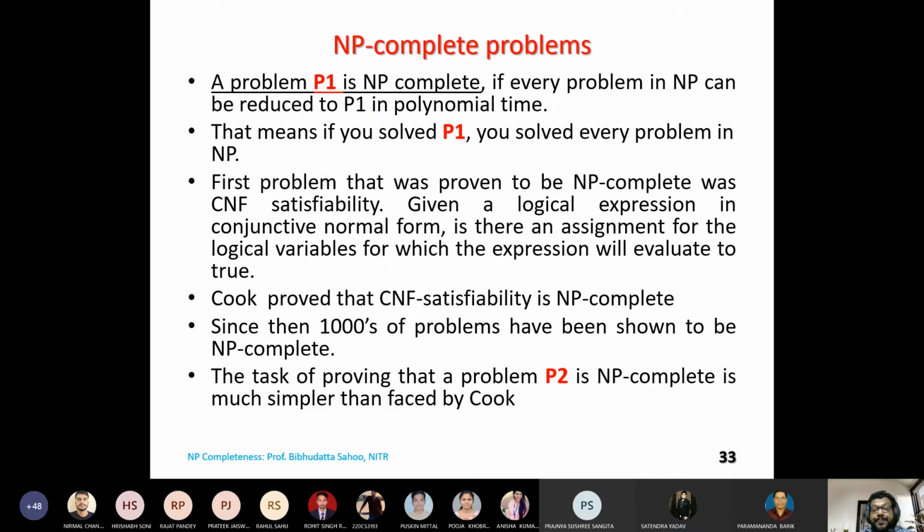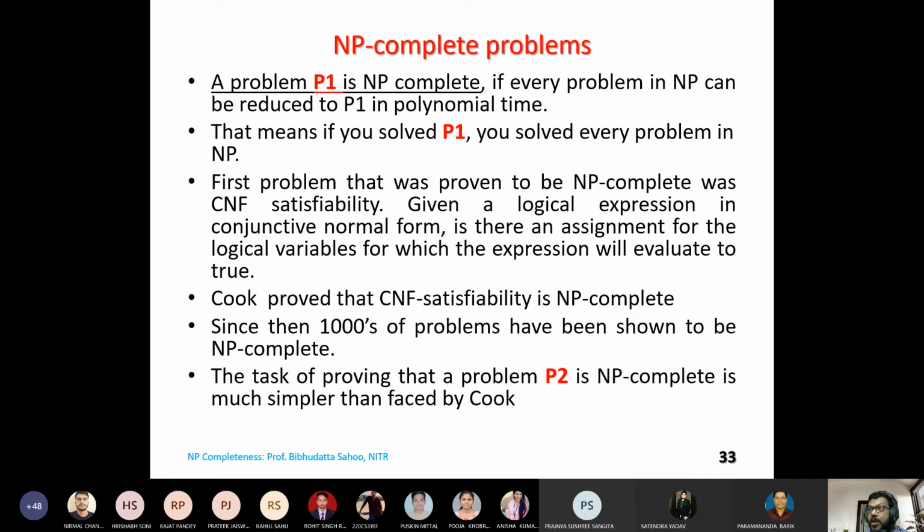Okay. Now, when we try to prove, you have two classes of problems, P or NP. You are not going to touch the problem P. Now somebody wants a problem which belongs to NP.